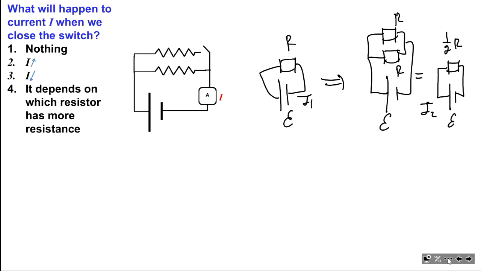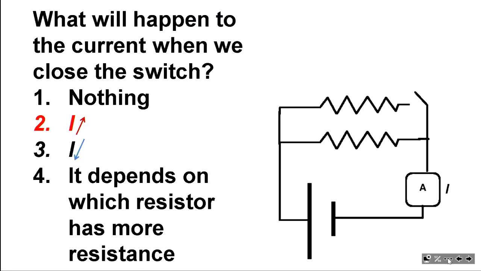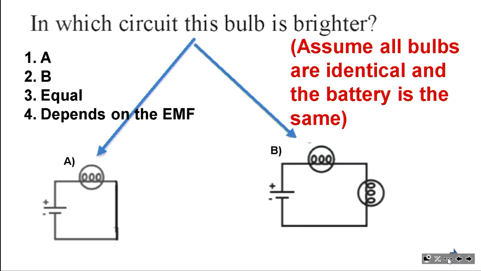And every time we make a change, we have to draw a circuit for before the change happened and after, and look at actual values. So I1 will be equal to EMF over R, but I2 will be equal to the same EMF over R equivalent to I1.